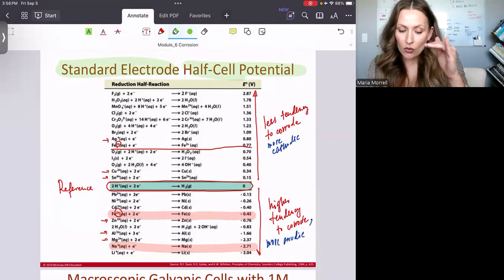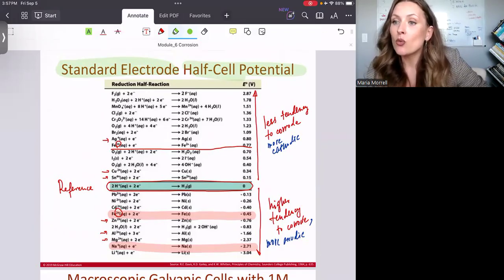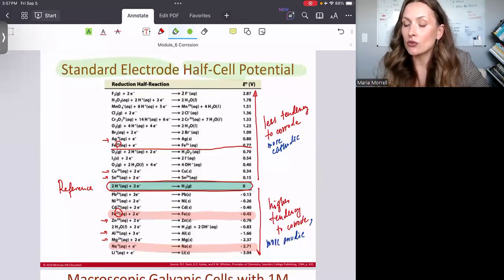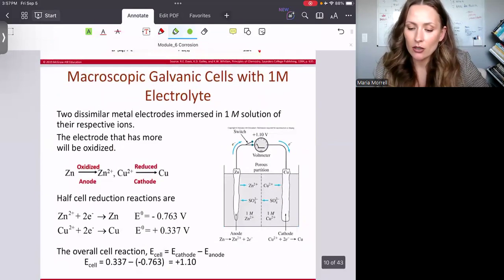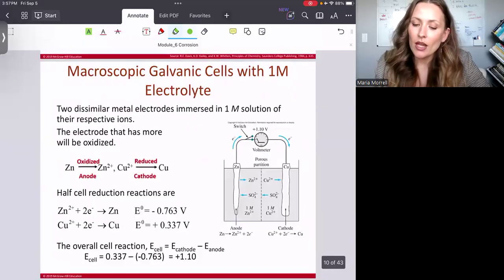I don't see a gold. Perhaps they just don't have it on this specific table. I see the silver, positive 0.8. I don't see the gold unless I'm not attentive enough. Yep, I don't see it here. But both of these metals, you will see them on top, right? Because those are noble metals, and this is why they don't corrode or have a very low tendency to corrode.